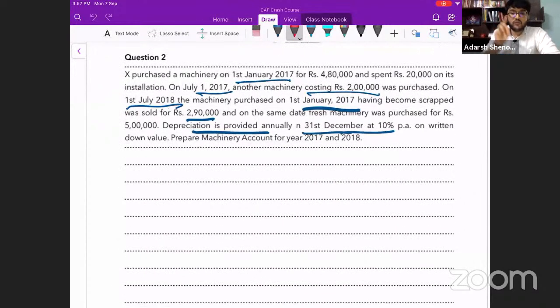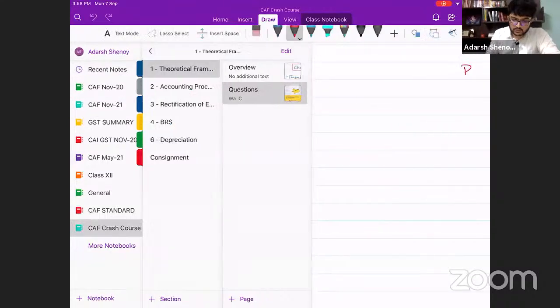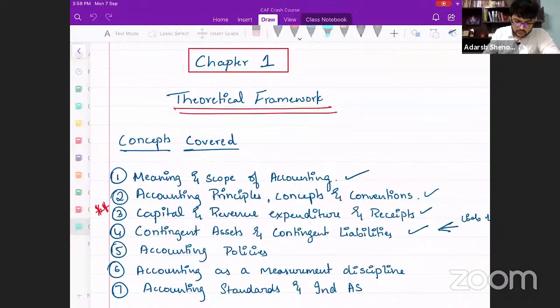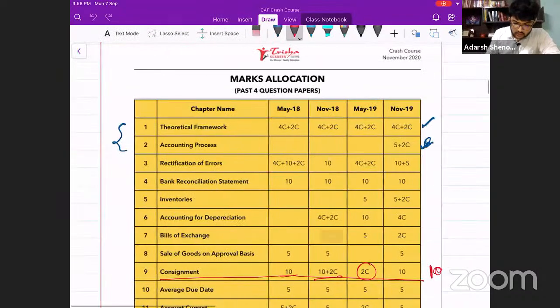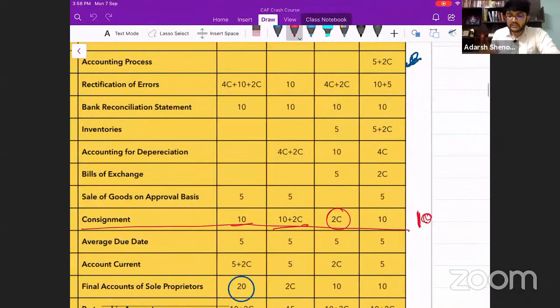Focus on SLM and WDV method more and more, because so far whatever practical problems have been asked from depreciation, that is around 18, 20 marks, whatever they have asked so far, is from WDV or SLM method.